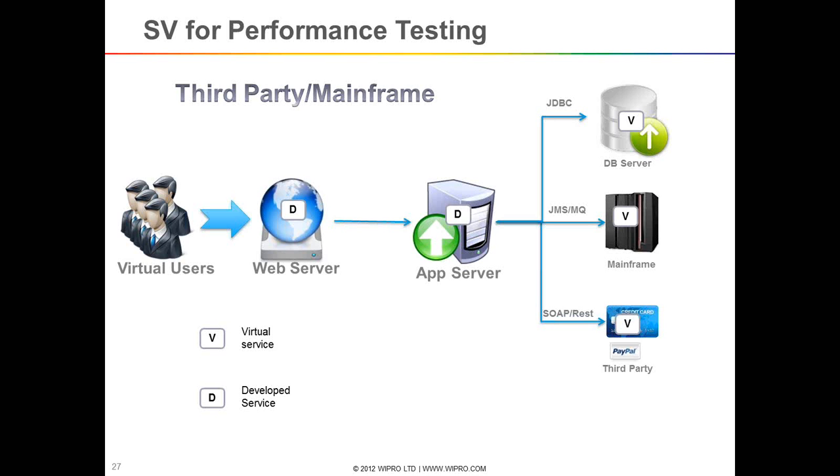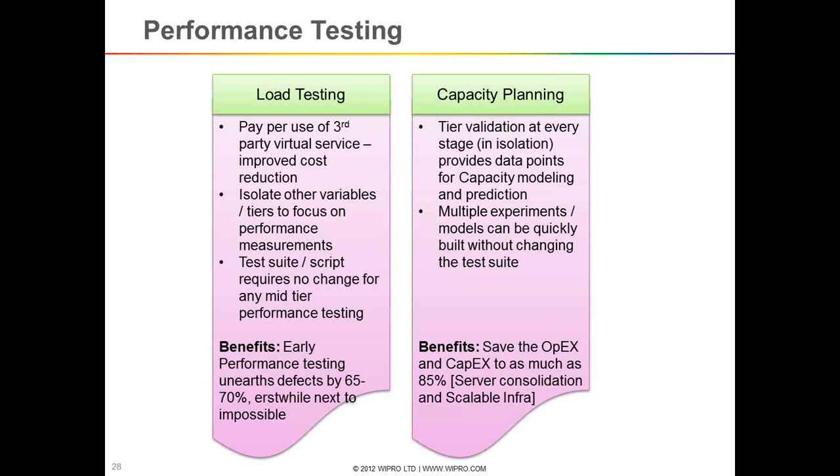So when you make a payment, for every call to the third party, for example PayPal, for every web services call, they're going to charge you. So if you wanted to do performance testing at such a heavy load, you are definitely going to pay a lot. So what you can do is look at this diagram.